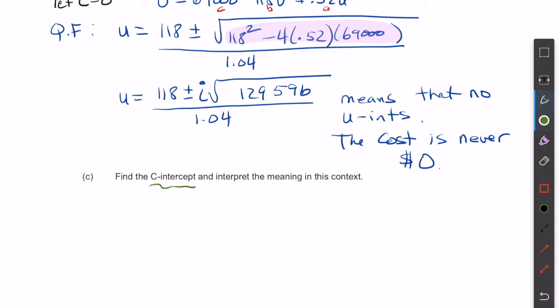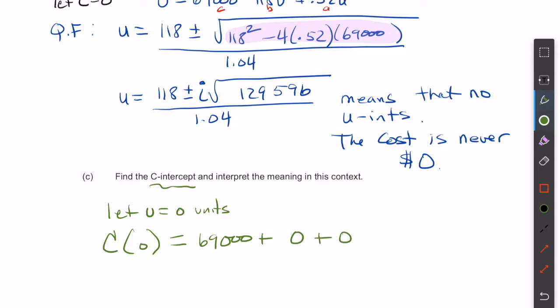So for my c-intercept, I'm going to let the units be 0 and calculate the cost of 0 units. And plugging 0 into the function, 69,000 plus 118 times 0 plus 0.52 times 0 squared is just going to give me 69,000.